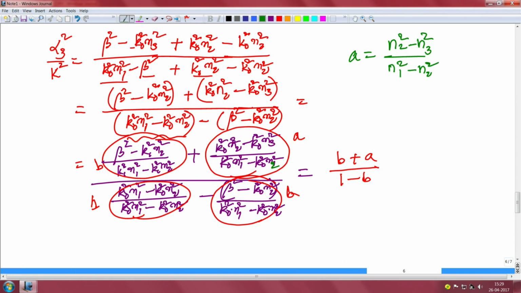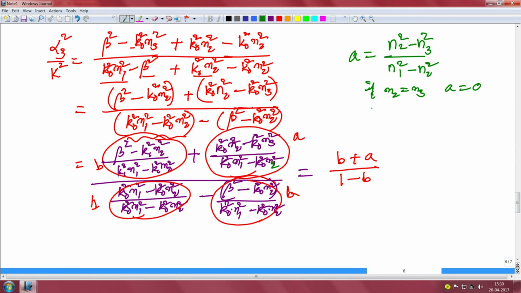This can be interpreted as a parameter depending only on the refractive indices n1, n2, n3, and since we have n2 minus n3 in the numerator, we can note that if n2 equals n3, this parameter a equals 0. That means, for a symmetric slab waveguide the parameter a equals 0.